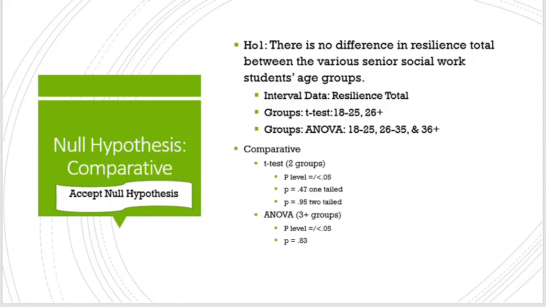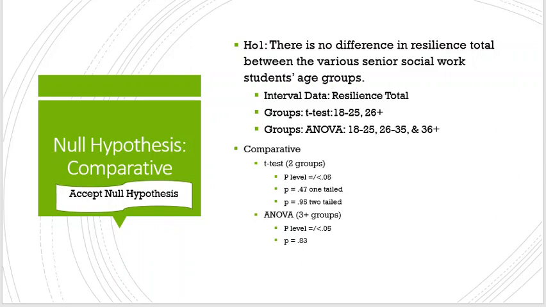So let's examine how to determine whether we accept or reject the null hypothesis based on the p-value. For most social science students, we utilize p less than or equal to 0.05 to determine if something is statistically significantly different.